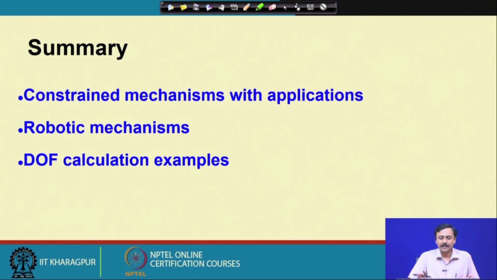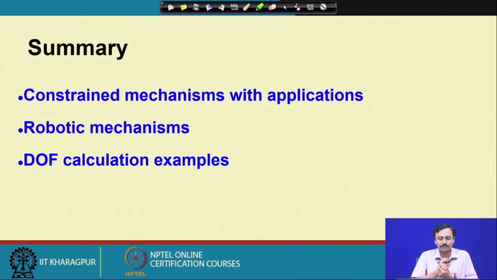Most of the time we would like to have a constraint mechanism rather than a robotic mechanism, because a robotic mechanism comes with that additional requirement of motion planning. So, if it is a routine kind of manipulation or task that needs to be performed, then a constraint mechanism is the best choice.